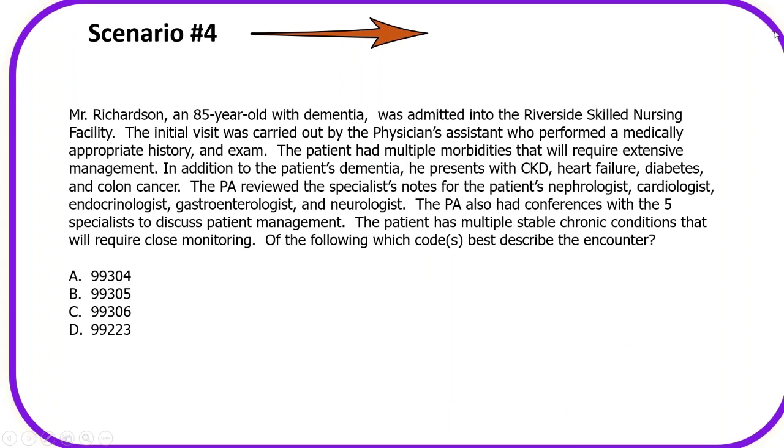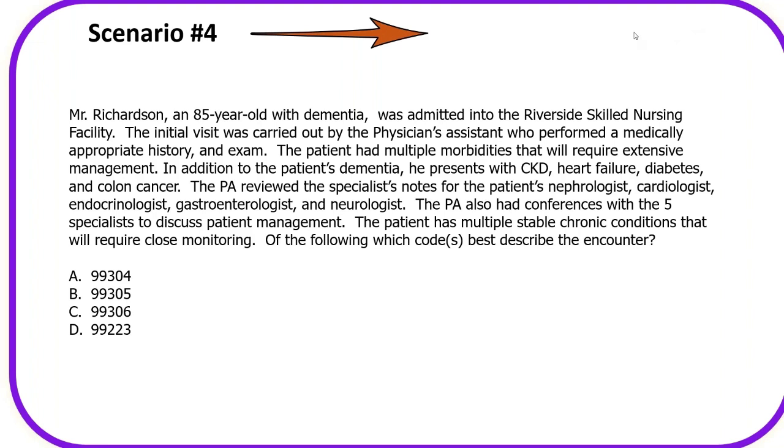Of the following, which code or codes best describe the encounter? A, 99304, B, 99305, C, 99306, and D, 99223. Mr. Richardson, an 85-year-old with dementia, was admitted into the Riverside Skilled Nursing Facility.